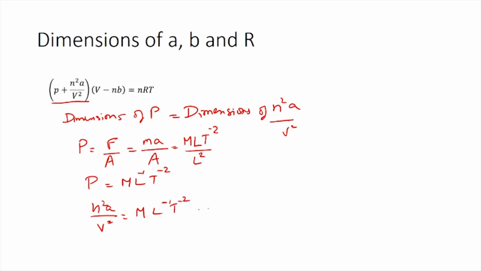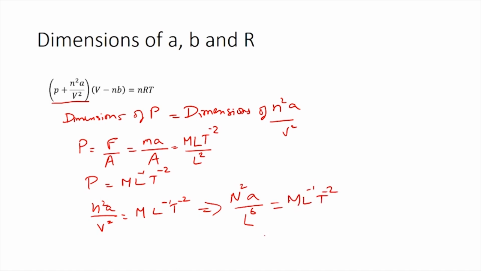V being volume, we know that the dimensions of the denominator here would be L power 6, which is L cube squared. N squared is basically the square of amount of substance. So, if we have n as the dimension for amount of substance, it will be n squared times A equals m L minus 1 t minus 2.